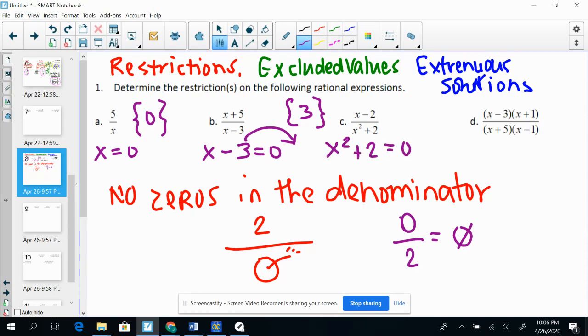We're going to set it equal to 0 and solve it. That's going to give me x squared equals negative 2. Well, this problem is no good. You can't square anything and get a negative number out. So all numbers will work because no number will go in that place and leave a 0. So there's no restricted values here.